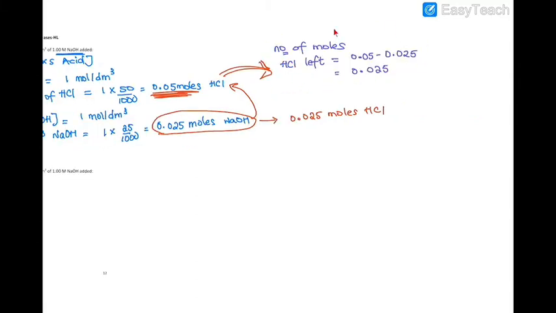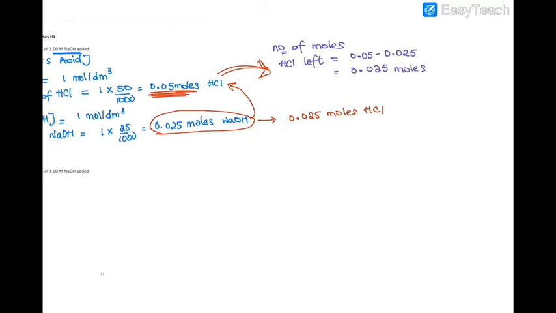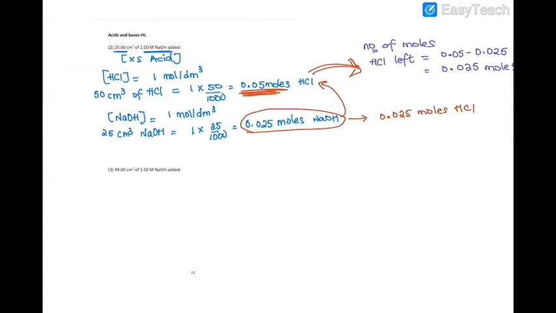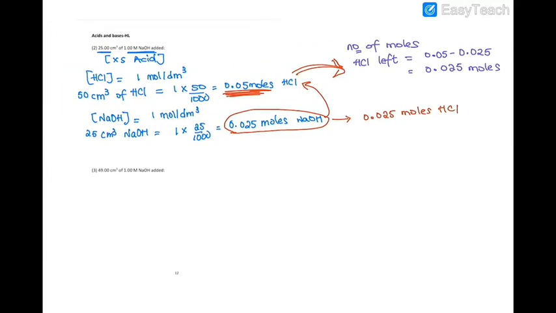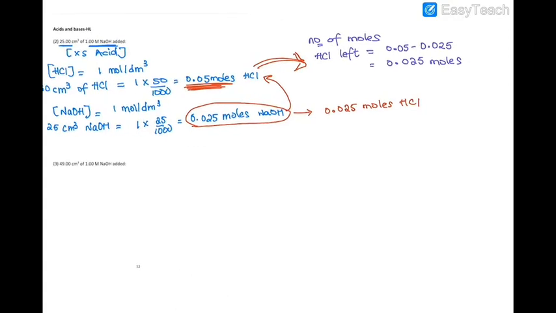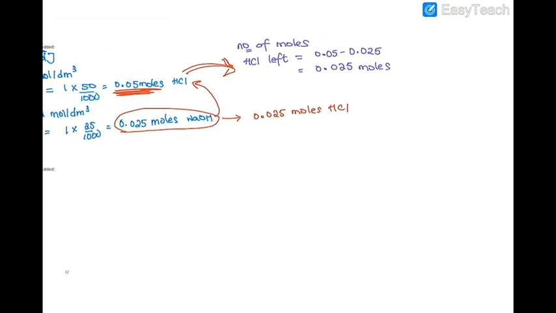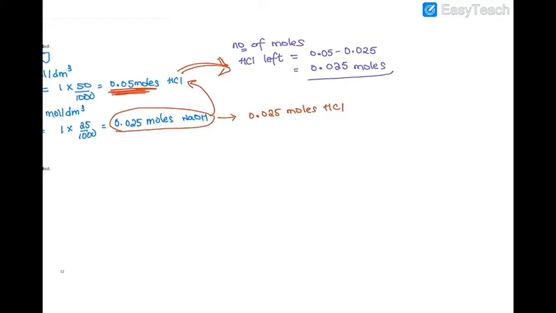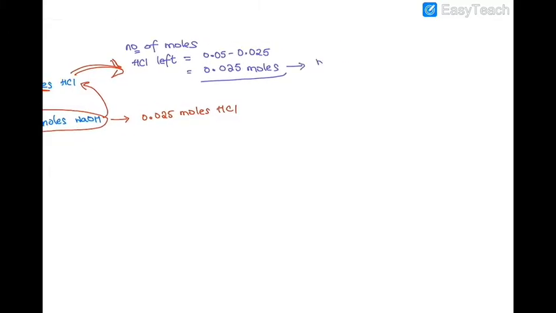So now we have only 0.025 moles of HCl that is left. Now, for us to calculate the pH of this solution, we need a new concentration of H+. So we have a new amount of moles of HCl, and this is present in a new volume.